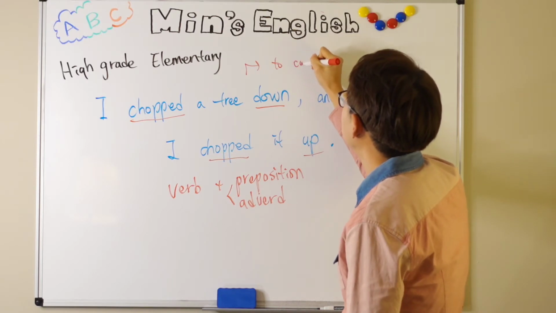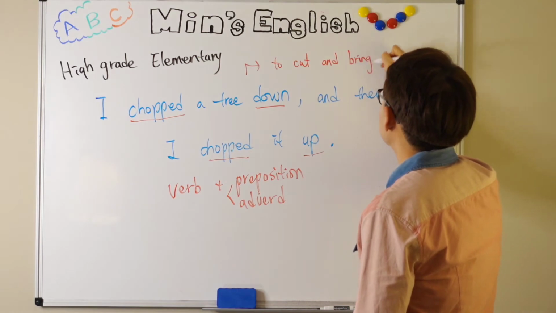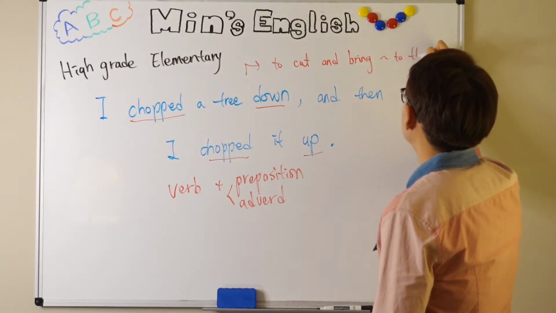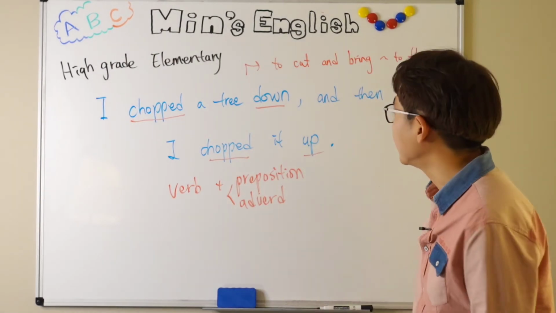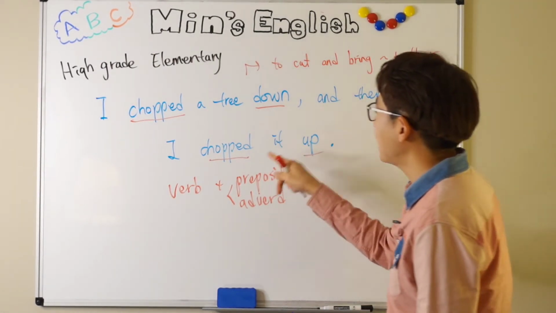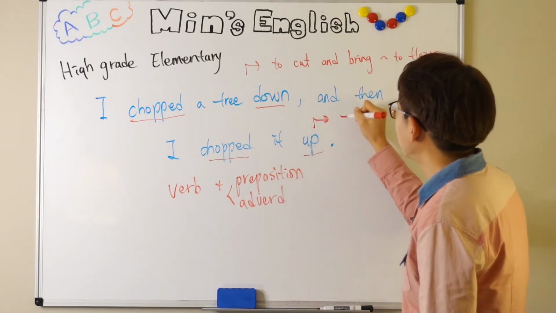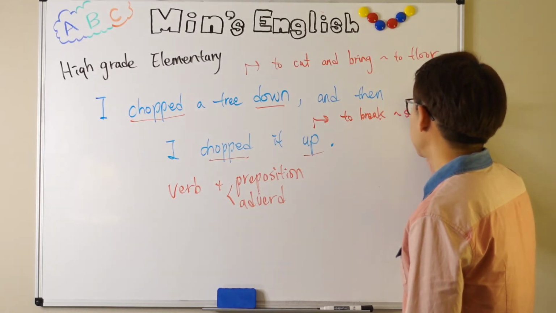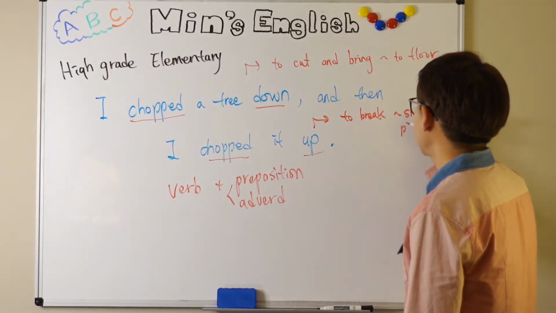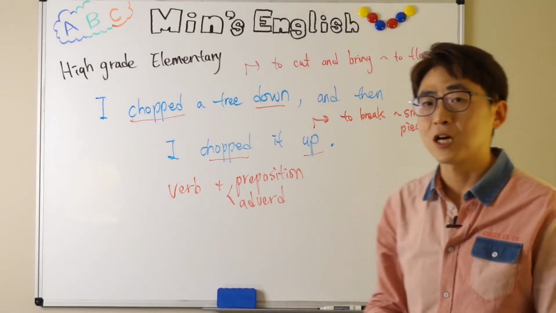It means to cut and bring something to the floor, usually something like a log or tree. Next, we have chop something up. Here, this one means to break something into small pieces. So I chopped the tree down and then I chopped it up. Okay.